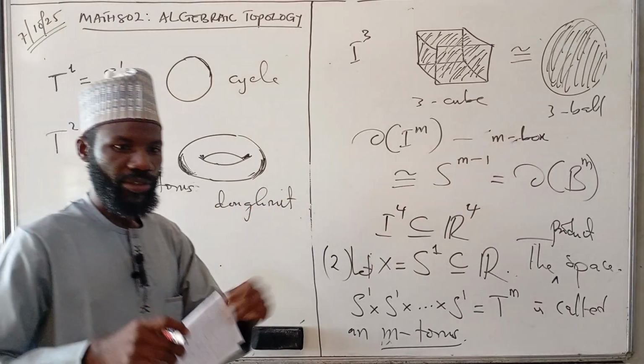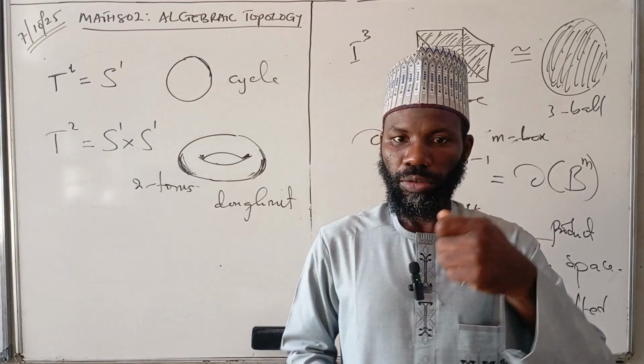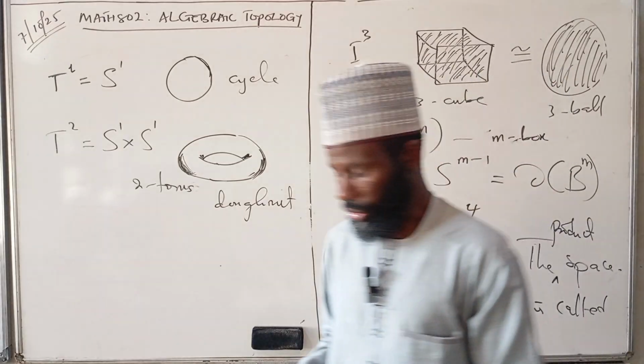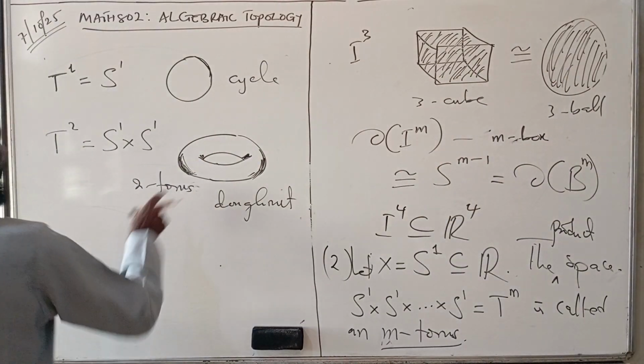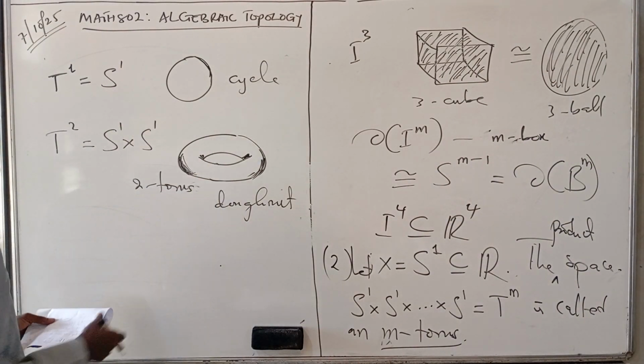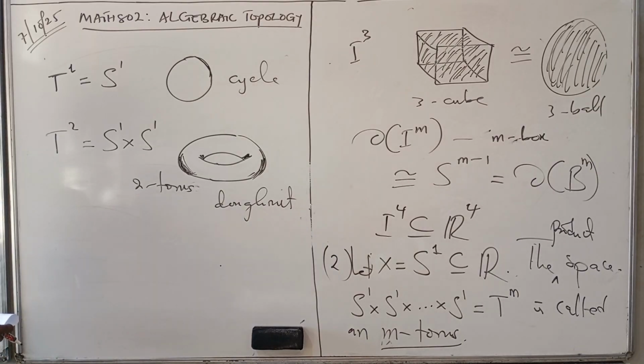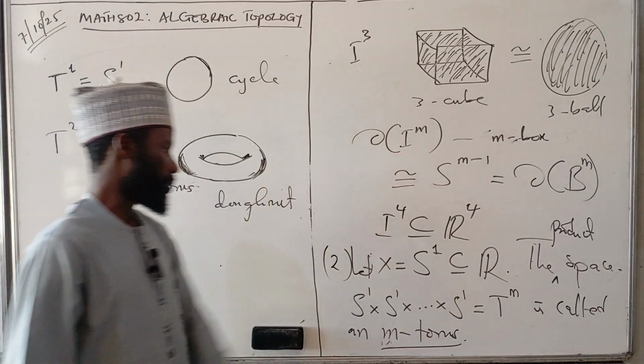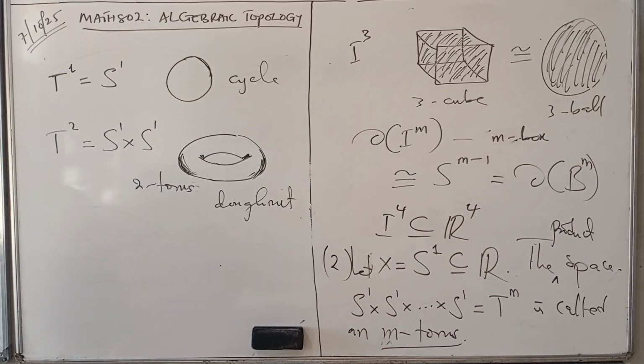You use a cycle, which is of dimension 1, to construct a space of dimension 2. And then you can have higher dimensional tori, like an m-dimensional torus, when you multiply a cycle m times.